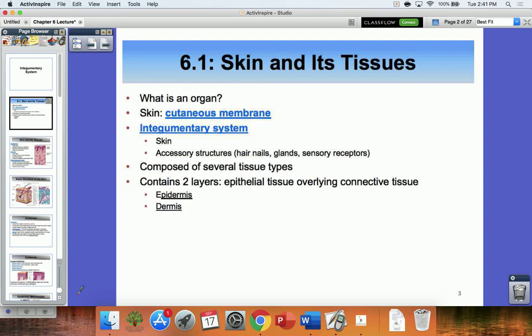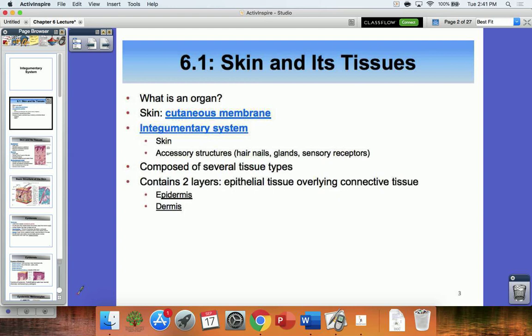Some of the tissues, for instance, like I said, we have some stratified squamous epithelial that helps to make up part of the skin, but there are a lot of other connective tissues that help to make up the two layers of skin, and those two layers are the epidermis and dermis.